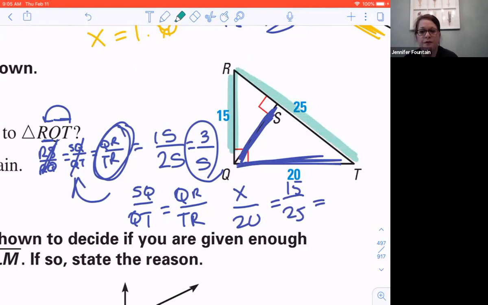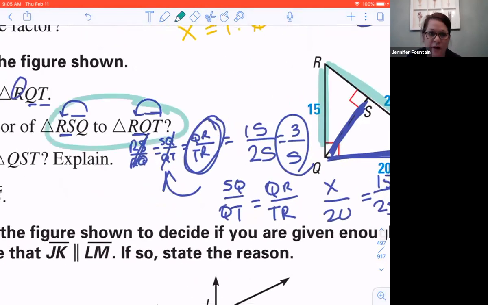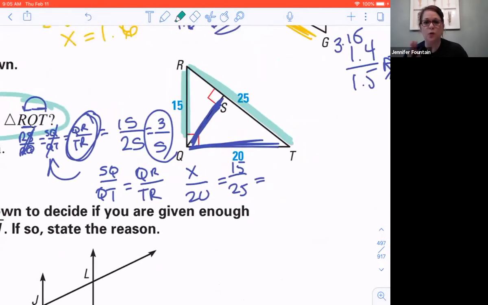Now, the way that I know that those are corresponding is by looking at the order of my letters. Sometimes it may be difficult to figure out which corresponds with what and what order, but by looking at the orders of the naming of the triangles, I can see how those work out.